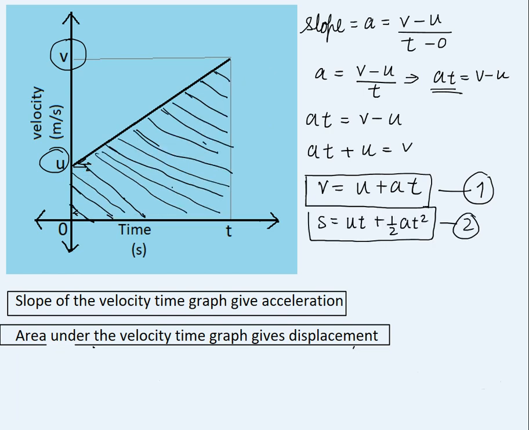To get to the third equation, we again use the same property, that is the area under the velocity time graph gives us displacement. So we will calculate the area again, but this time we'll use another formula. I want you to have a closer look at this figure. This figure looks like a trapezium. Now in a trapezium, these are the two parallel sides.